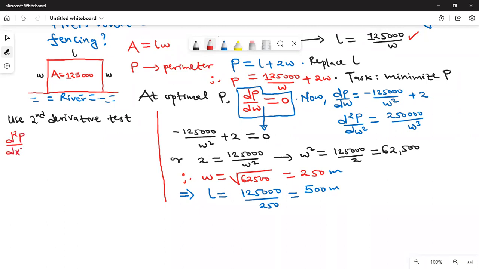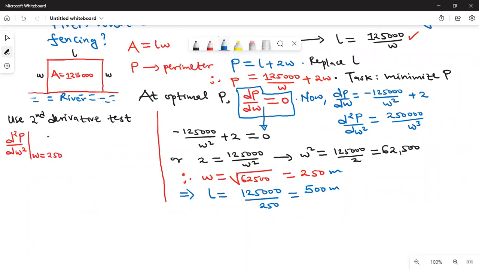Not x, that was W. So let me change. Here we are talking of W, not x. d squared P dW squared at W equals 250.